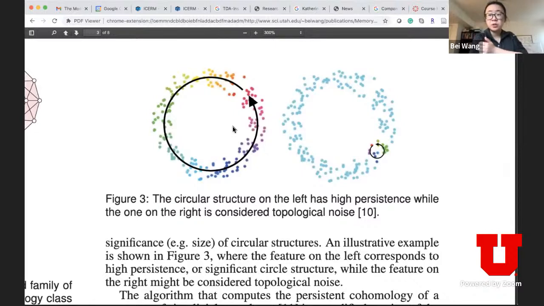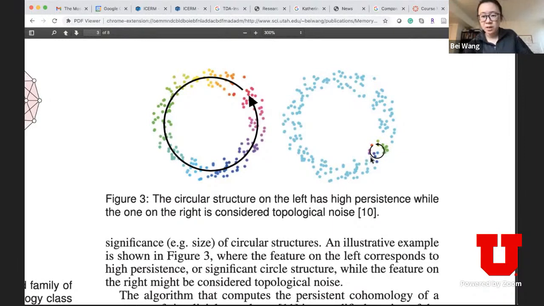When I'm detecting the loopy structure, I have different persistence associated with each loopy structure. The one on the left has high persistence, a large loop, with a rainbow color surrounding it. But because I can use persistent homology, I can detect loop structure at different scales, so I can also detect a low persistence loop.